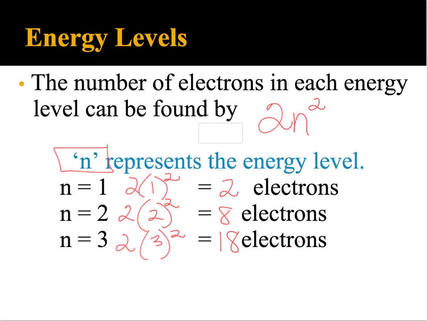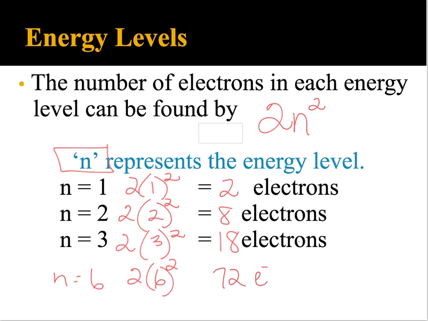So you should remember those numbers from middle school. Well, what if we did maybe the 6th level? The 6th level is 2 times 6 squared. 6 squared is 36 times 2, and that gets me 72 electrons.